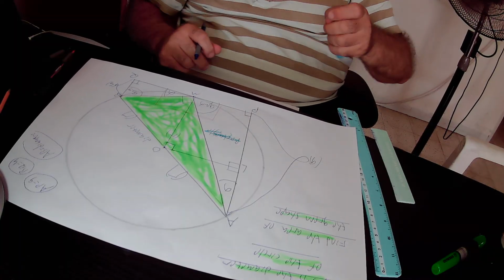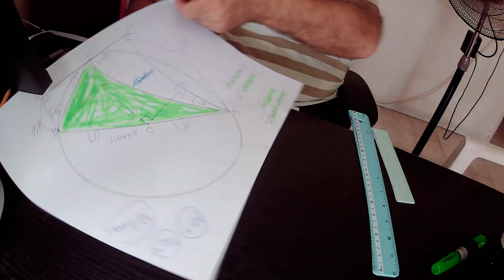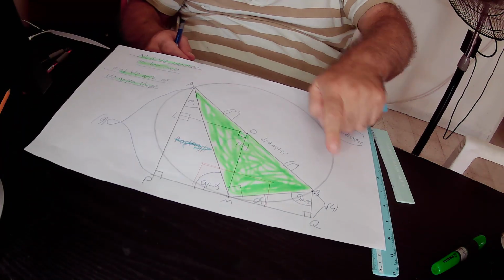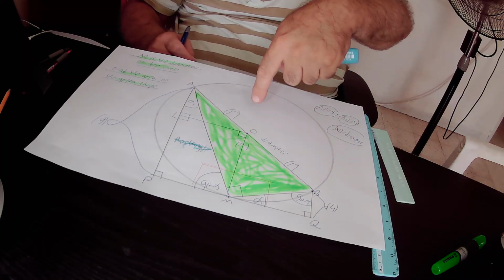In the next step, we will do another construction. That is to say, from point B, we will draw a parallel to the radius OM. Again, from point B, we will draw a parallel to the radius OM.